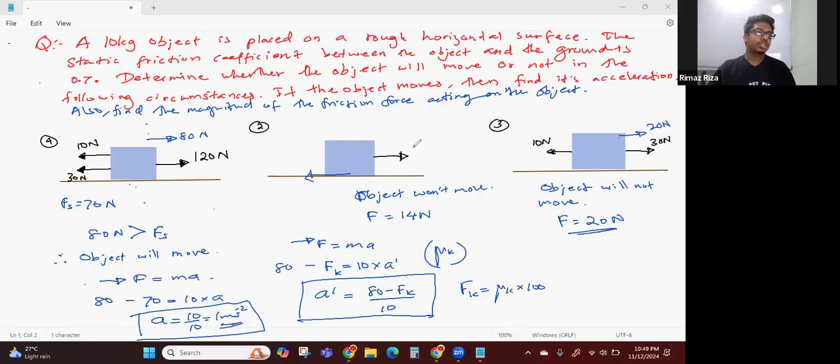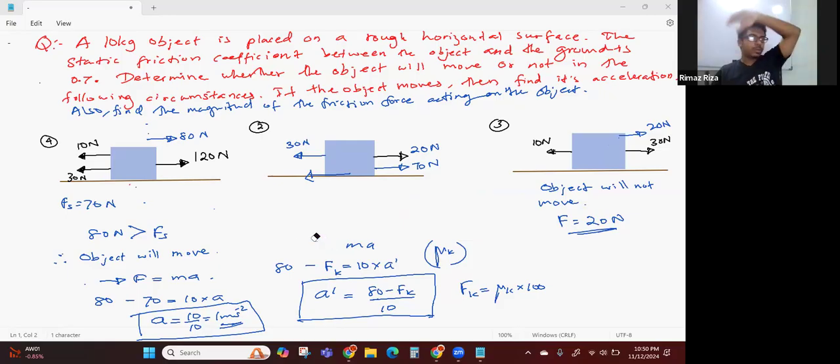Let's make it 60 Newton, 20 Newton and 20 Newton. Okay. State whether the object will move or not.